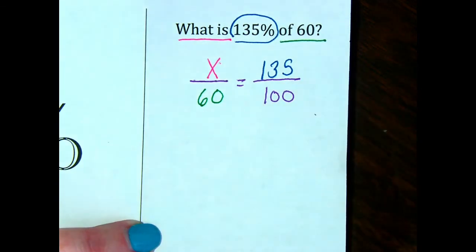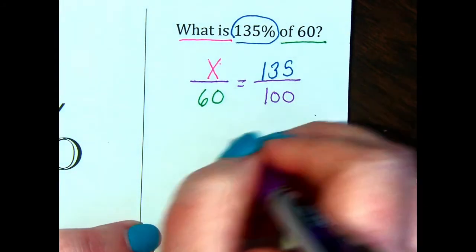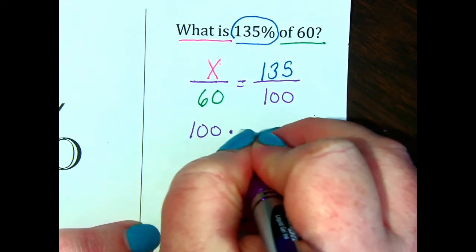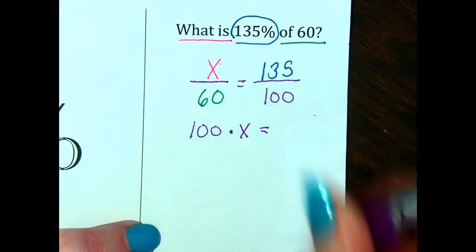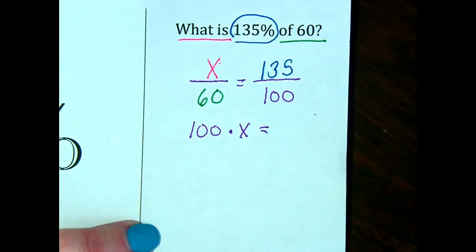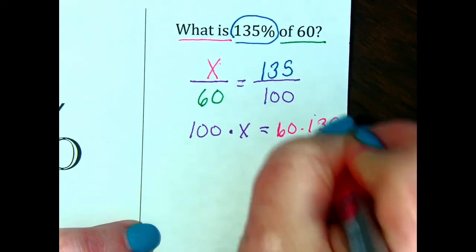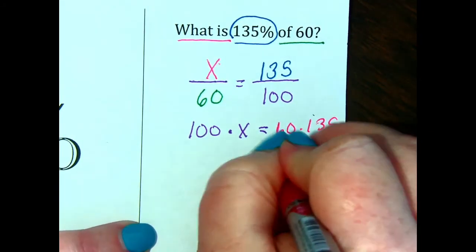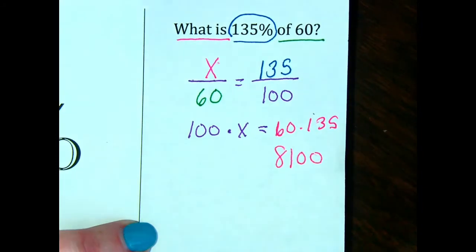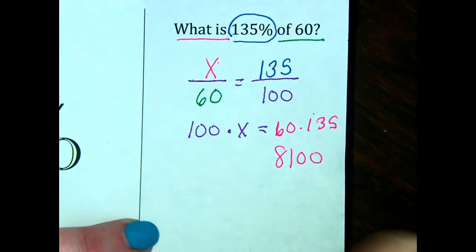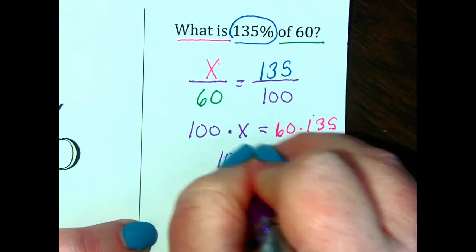And again, from this point, once I set it up, I just use cross products, and I get 100 times x is equal to 60 times 135, which is 8,100. This just becomes 100x.